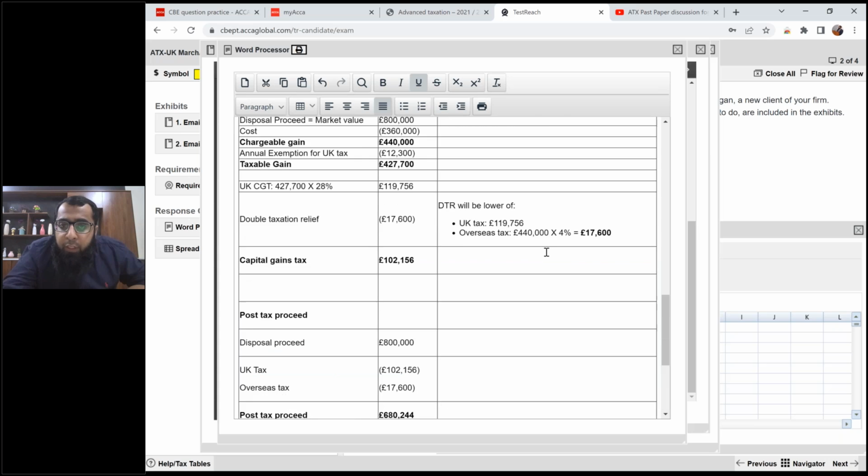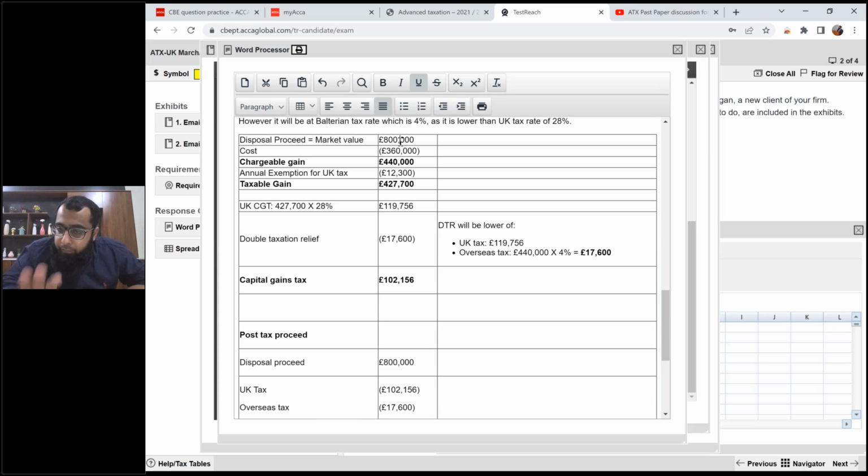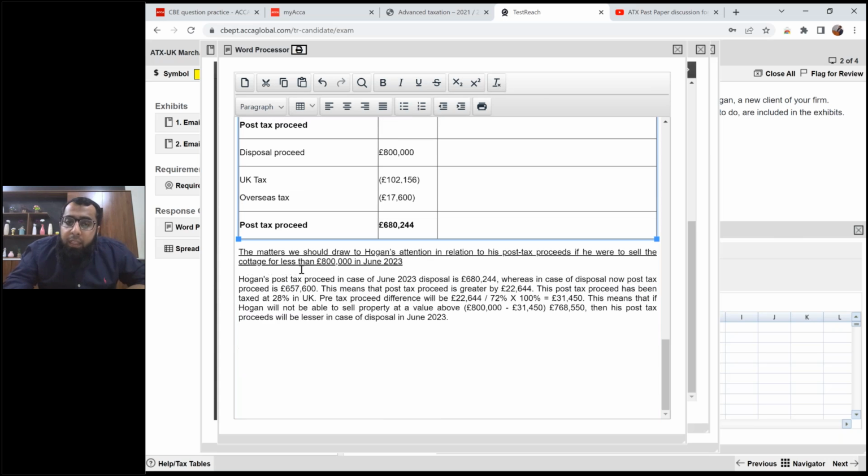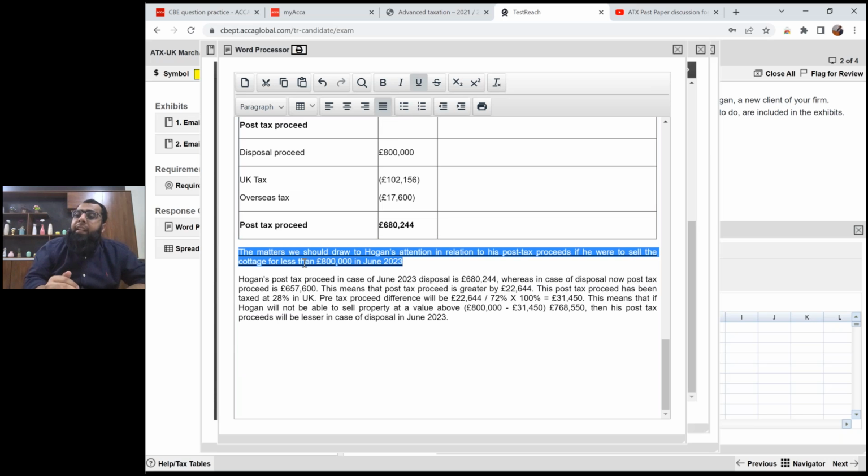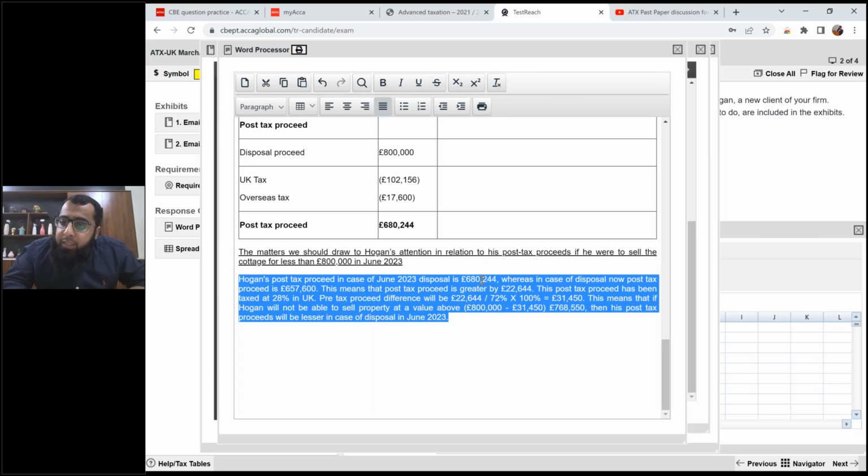We made this calculation at 800,000 pounds. But what if he sells it at less than 800,000 pounds? Hogan's post-tax proceeds in case of June 23 disposal are 680, whereas in case of disposal now they are 657. This means that the post-tax proceeds are greater by 22,644.